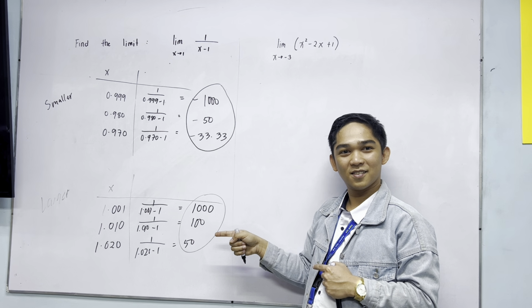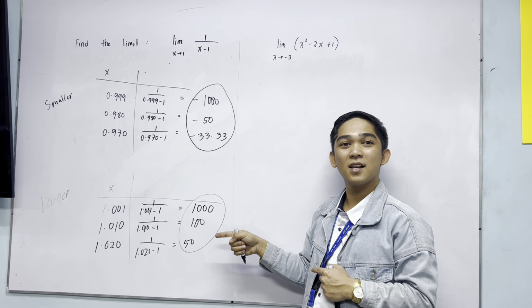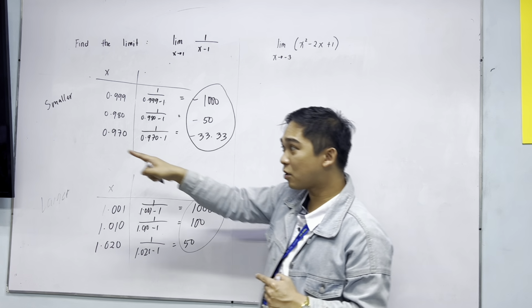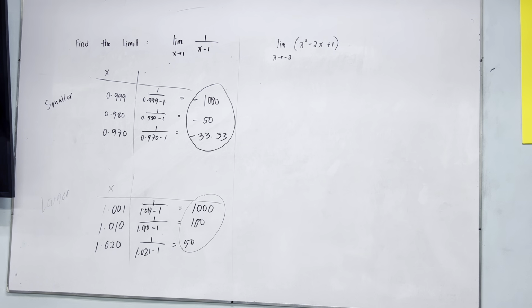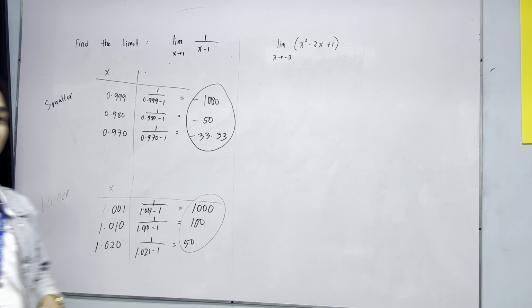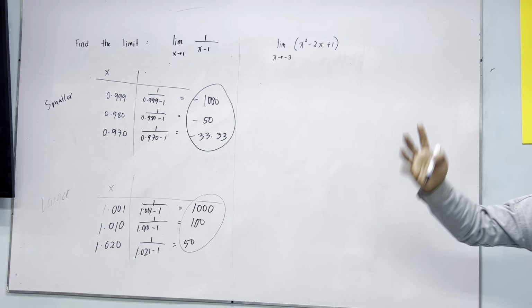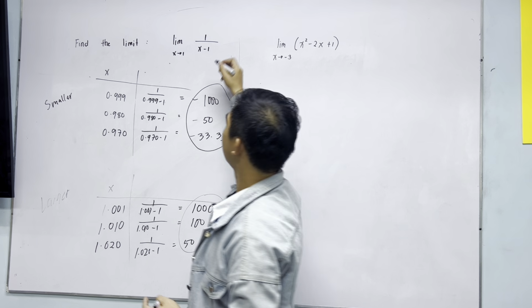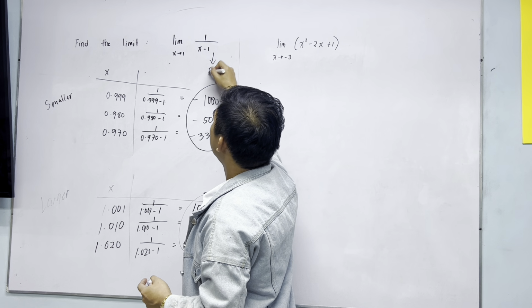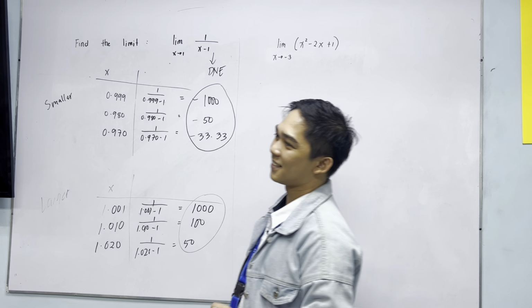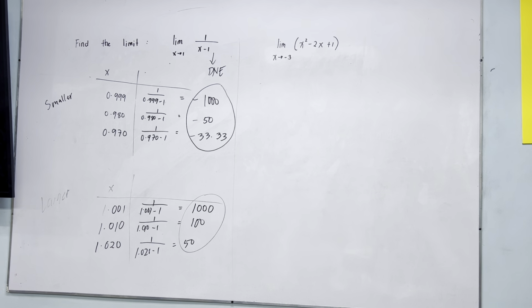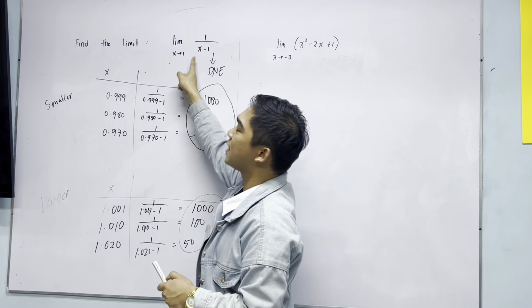Ay, wala yun. Ang layo ng mga numbers. Sabi sa definition that we must have one and only one number that is closer and closer to our L. So, Kurt, ano ang sagot? Wala. So, this does not exist. Ibig sabihin, wala itong limit.